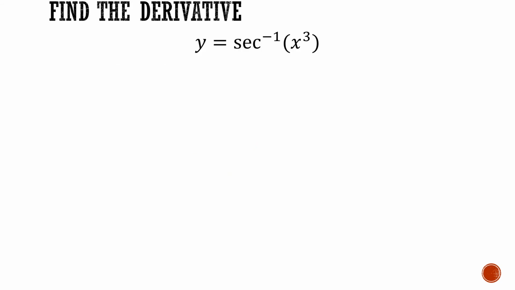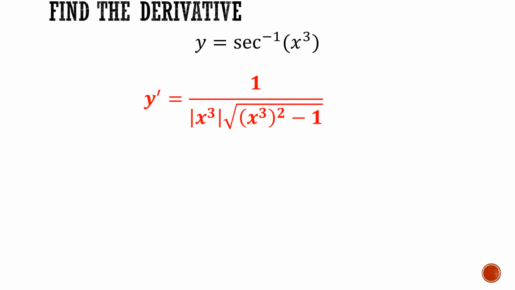Next, we have y equals secant inverse of x cubed. Just like I did before, I'm going to take that and throw that into my secant inverse formula. And so I get 1 over the absolute value of x cubed times the square root of x cubed squared minus 1. And again, I have to multiply that by the derivative of that x cubed, which is 3x squared. From there, I'm going to simplify it, make it look nice.